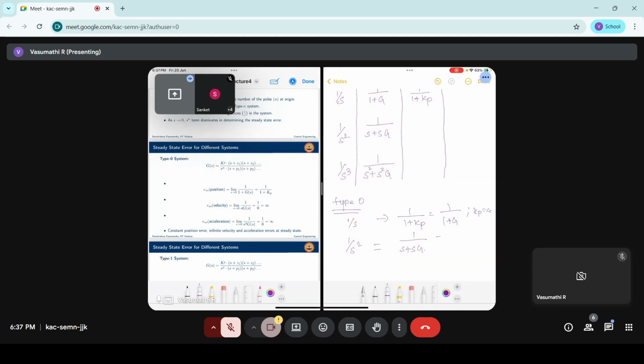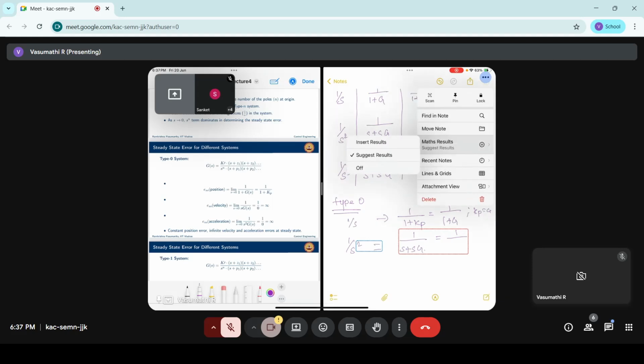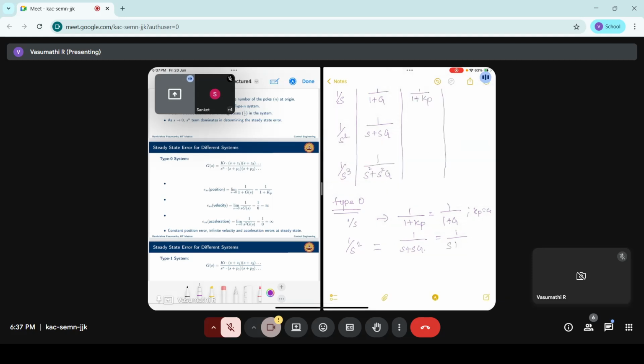So this will become 1 by S plus S into G. This S will not get cancelled as the type of the system is 0. So this will give you 1 by 0. This will go to 0. Anyway, this will go to 1 by 0. That will give you infinite. So this will be infinite always.